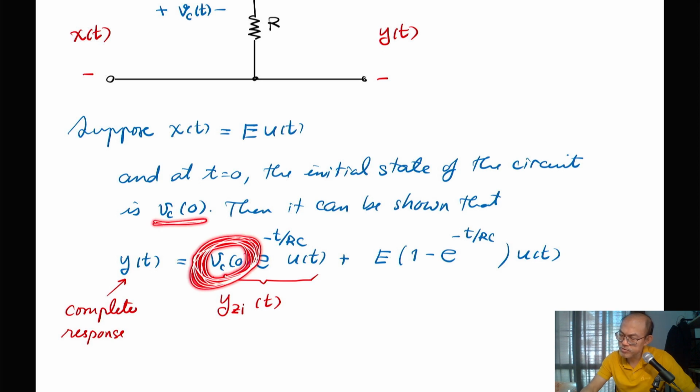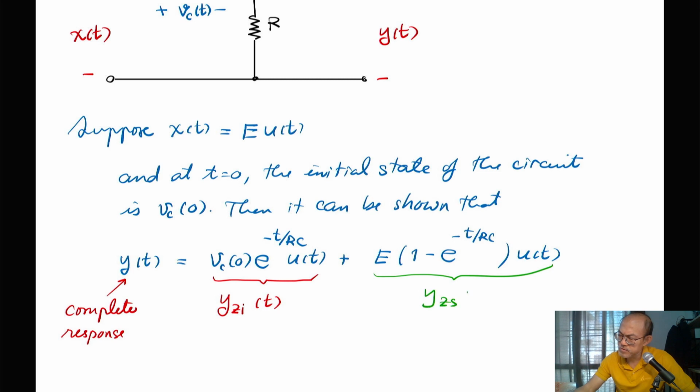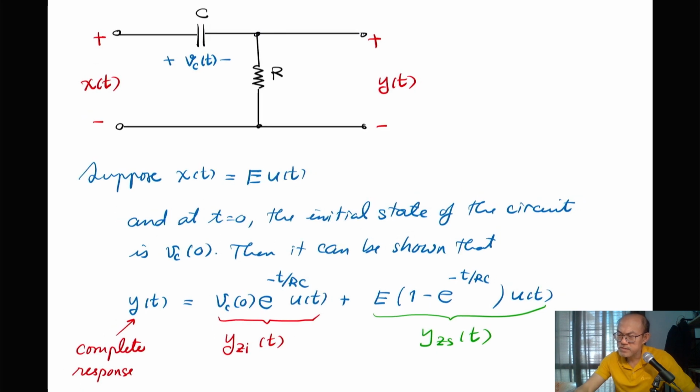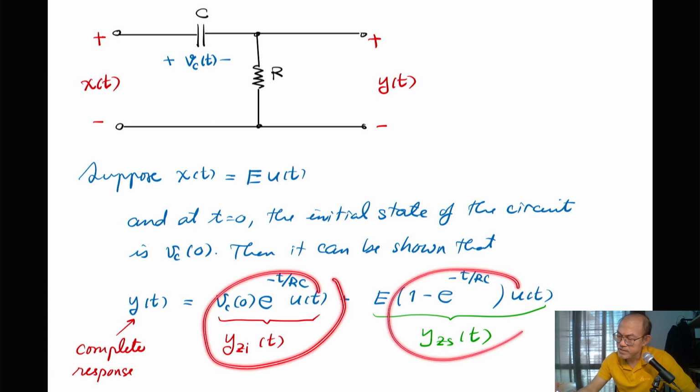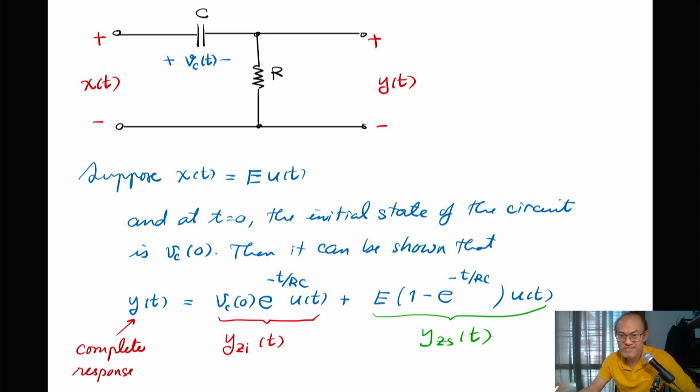The initial state goes to this term, and this part is the zero state response. Okay, so if your RC circuit here is a linear time invariant LTI system, the complete response is a combination of the zero input response and the zero state response. This is true for an LTI system.